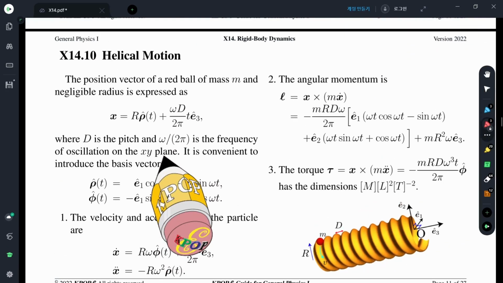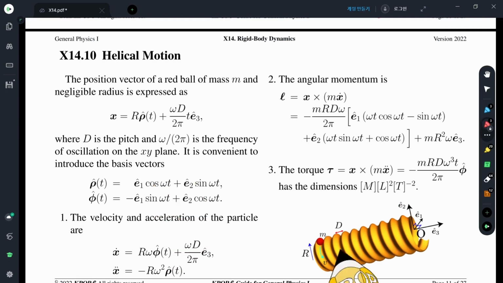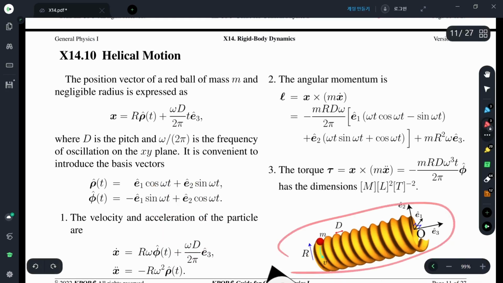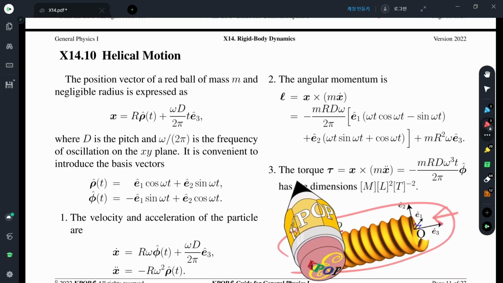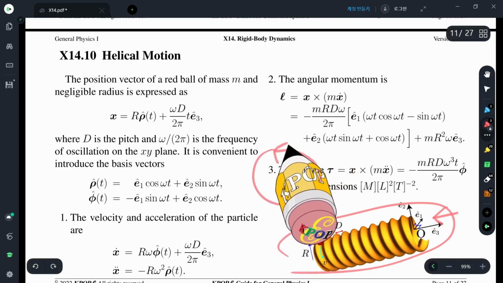Next, we consider helical motion. This one is useful for our study in the next semester regarding the motion of a charged particle in a magnetic field. If you look at the motion from the z-axis, then it is a uniform circular motion.